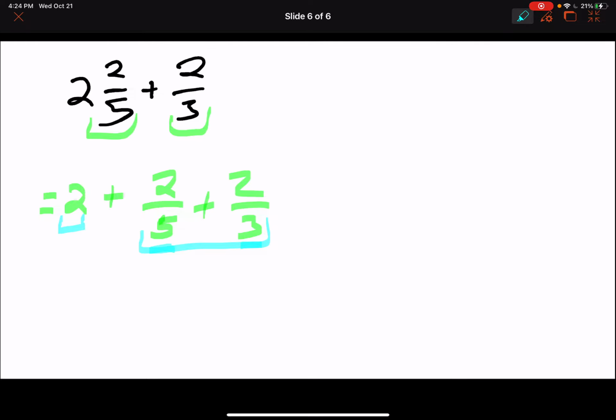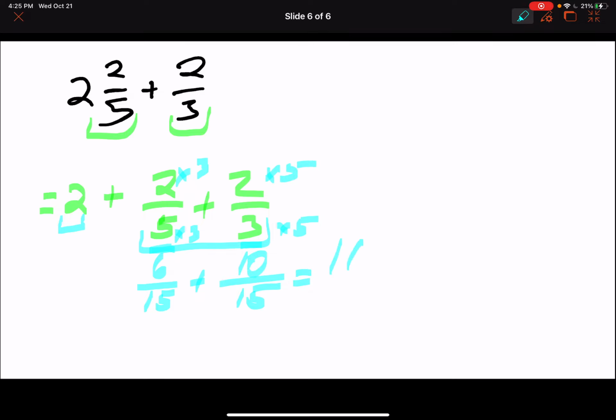So I know that the lowest multiple between these two numbers is 15. So what did I do to get that? I multiplied this one by 3 and this one by 5. All right, so whatever I do to the bottom, I have to do to the top so that they remain equivalent fractions. So that's 6, and the top is 10.